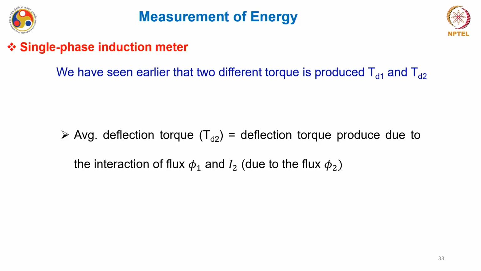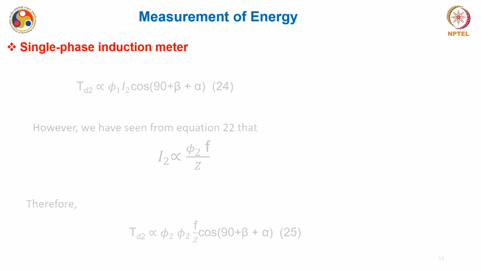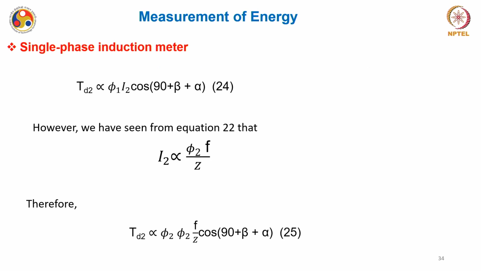Now we have also seen previously the torque equations TD1 and TD2. So the average deflection torque TD2 in this case will be equal to the deflection torque produced due to the interaction of flux phi 1 and current I2, where I2 is the RMS value of the eddy current which is induced due to flux phi 2. So TD2 can be given as phi 1 into I2 into cos 90 plus beta plus alpha.